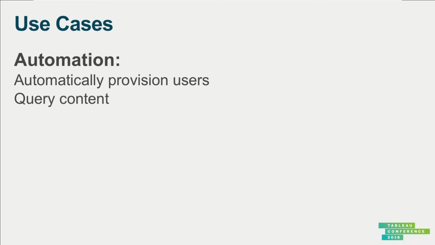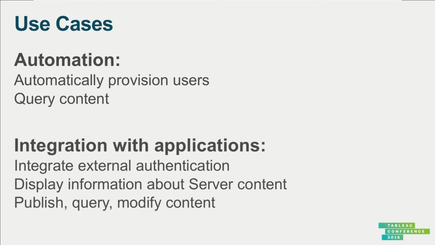Who has been publishing all of these workbooks? This user, which ones did they publish? I'm about to modify a data source. Which workbooks use that data source? And so that kind of auditing of my Tableau server for my specific use case can be done with the REST API.